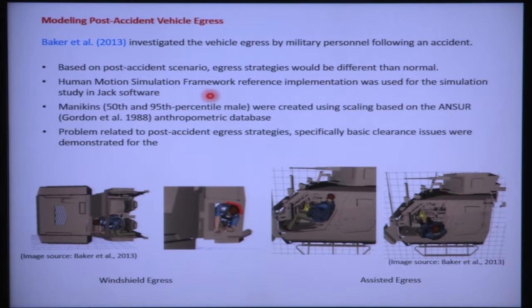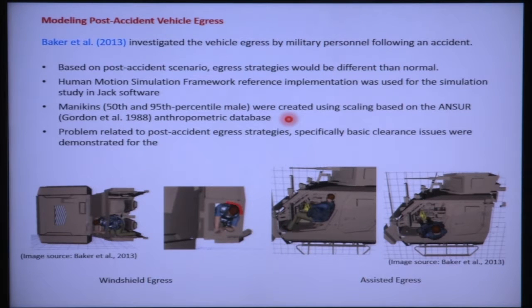A human motion simulation framework reference implementation was used for the simulation, in this case using JACK software. Mannequins of 50th percentile and 90th percentile male were created using scaling based on the ANSUR anthropometric database.